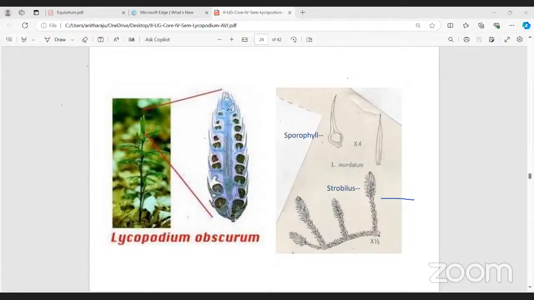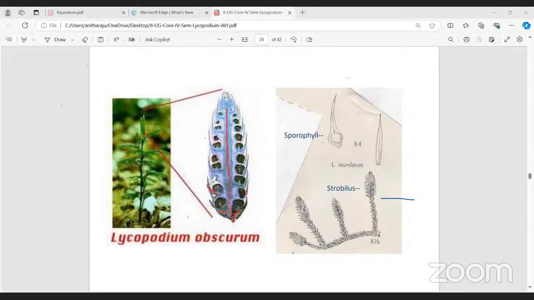Are you able to see the line around? This is the axis, and the leaves are spirally arranged. Spiral means here the first leaf is 1, and this is 2, 3, 4.